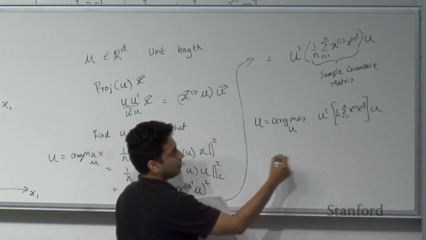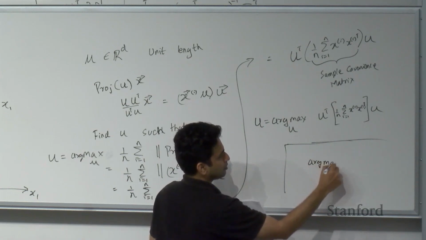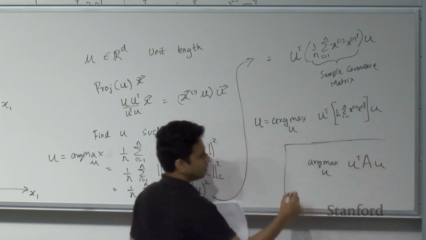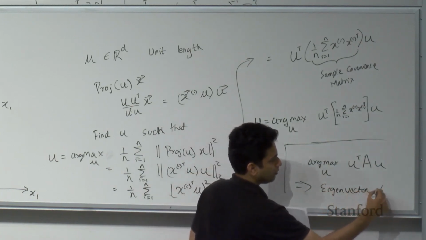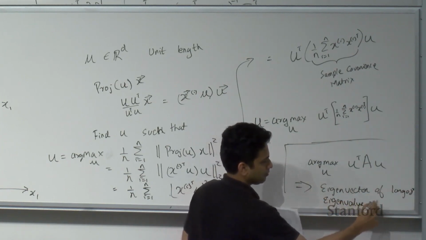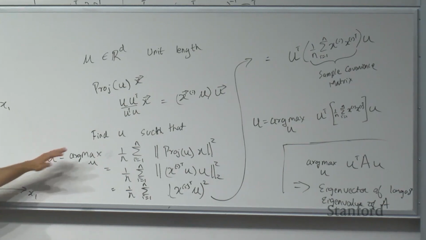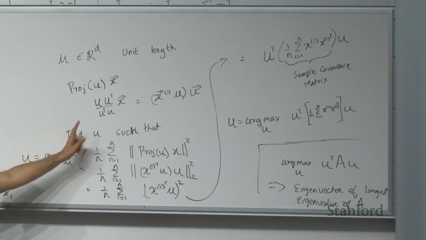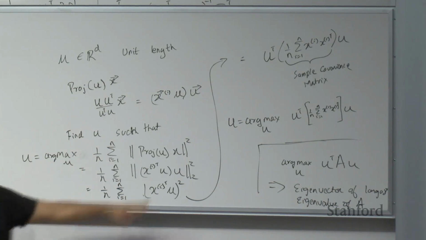And that's because the argmax of u transpose A u will give you the eigenvector of the largest eigenvalue of A. This analysis holds where, here, we just considered one vector u, but if you consider a whole set of basis vectors, then nothing in this argument changes.